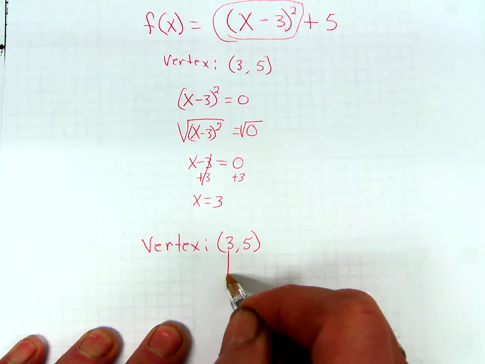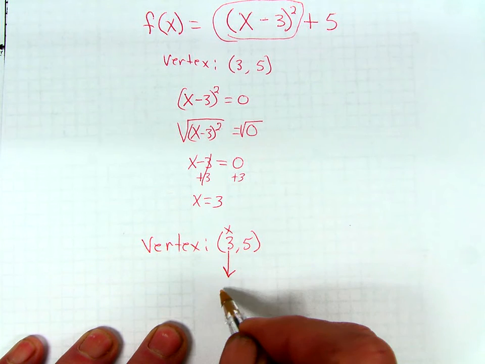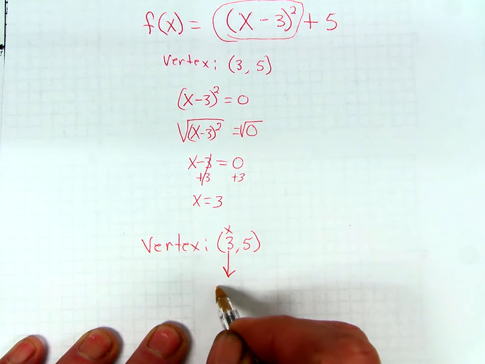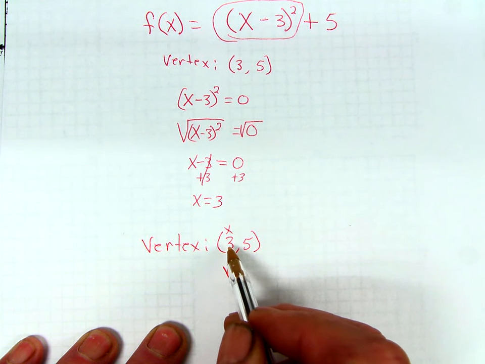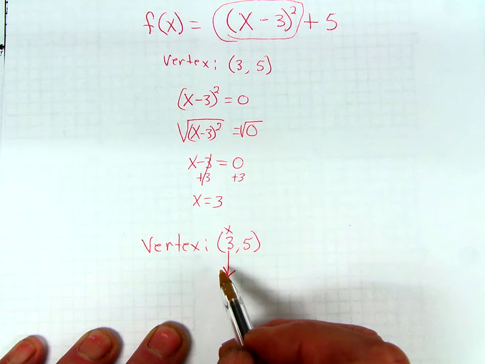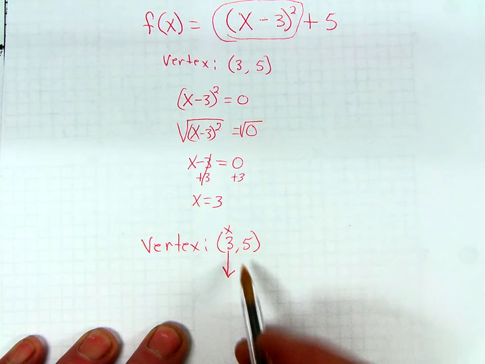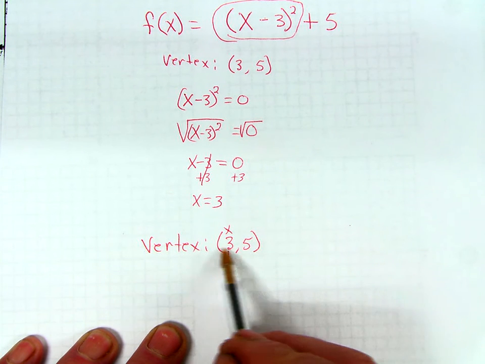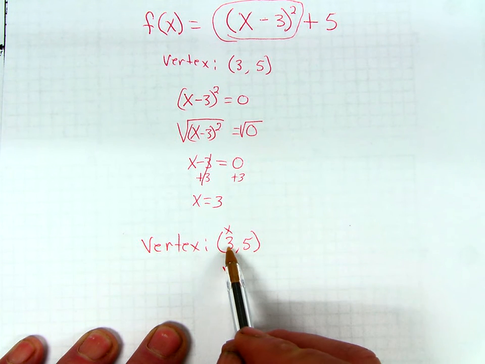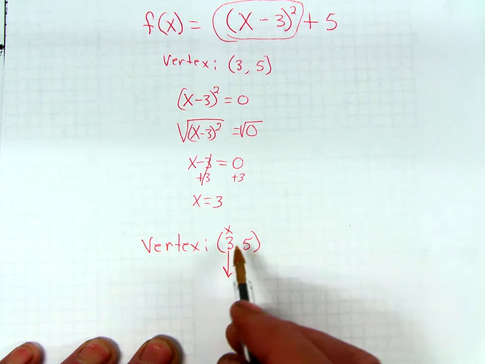And I'm going to take the x value and I'm going to do 2 things to it. I'm just going to pick a number to add to 3, and then I'll use that same number and subtract it from 3. Why is that? Well, the x is what moves us left and right. By subtracting from the 3, I get a point to the left. By adding to the 3, I get a point to the right.